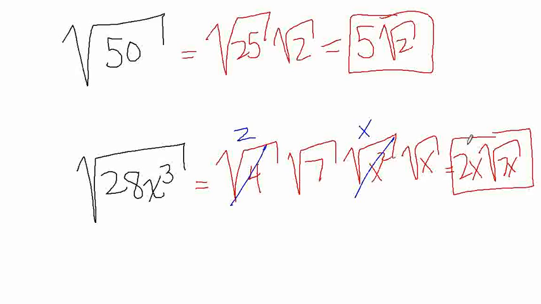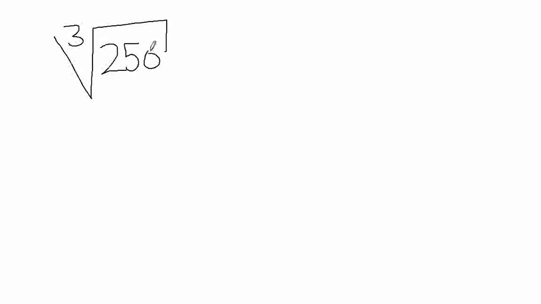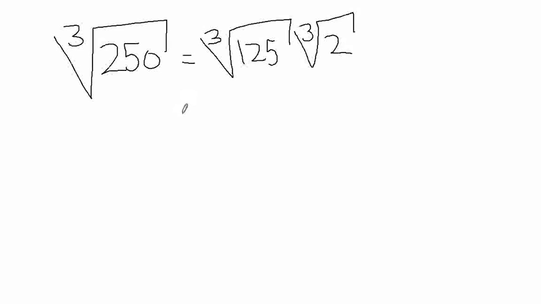Okay? Now, let me remind you that you can do the same thing with more than just square roots. If you had, for example, the cube root of 250, you could write that as the cube root of 125 times the cube root of 2.